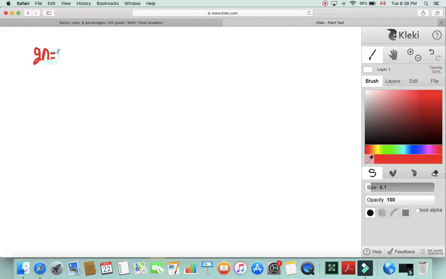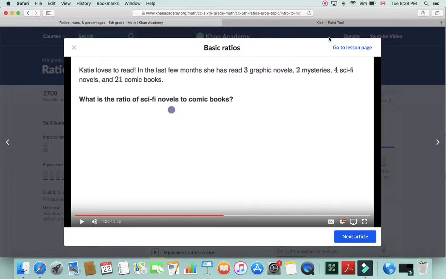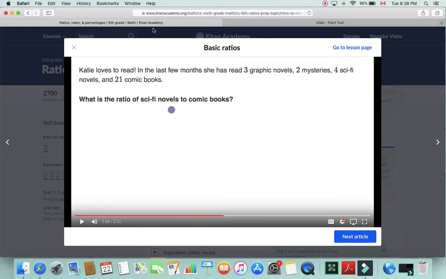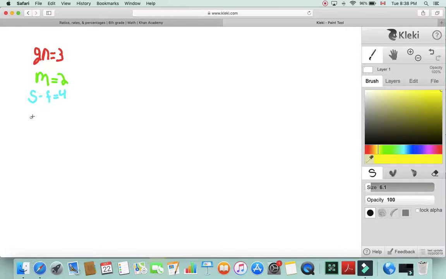Graphic novels, she read 3. For mystery books, she read 2. For sci-fi, she read 4. And last but not least, for comic books, she read 21.